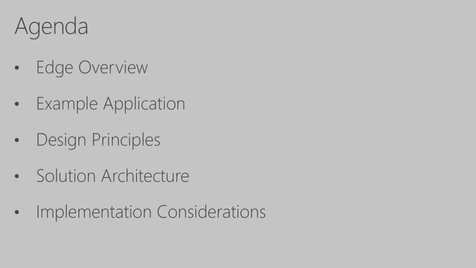And then Matt's going to take you through the entire solution we put together. I promise you it's going to get very in-depth. You signed up for a 400-level session, you're going to get a 400-level session. And then some things to keep in mind as you develop your own apps.